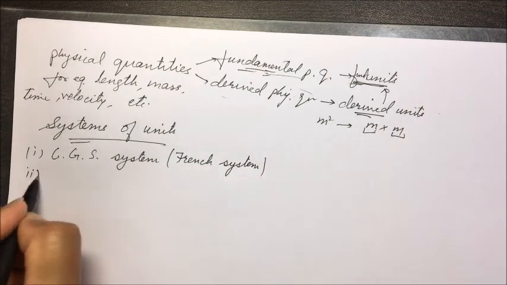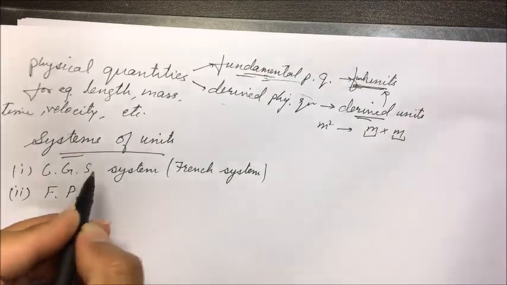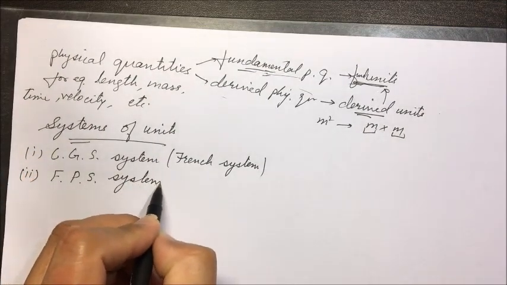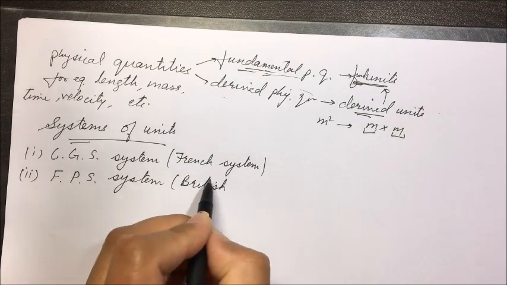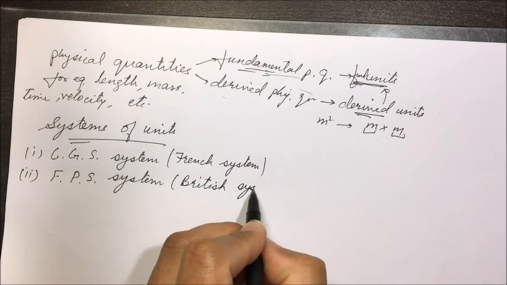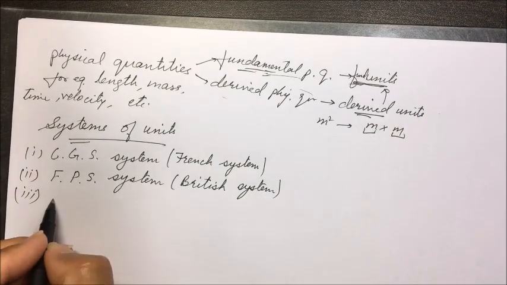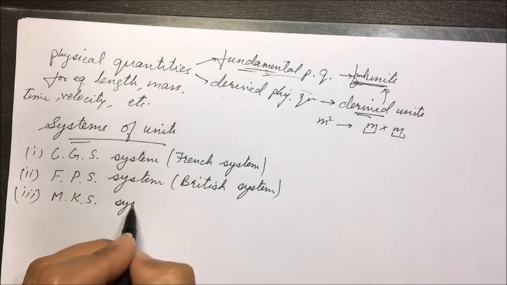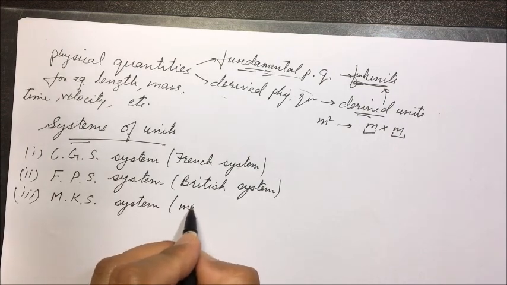The second one is the FPS system. It is also called the British system. Third, MKS, or it is also called the metric system.